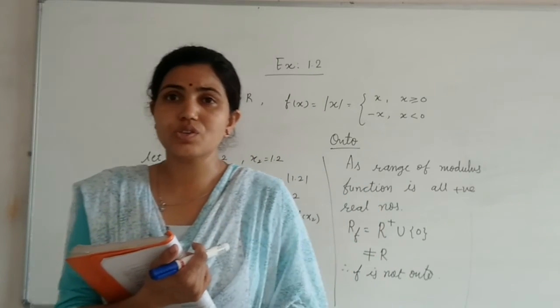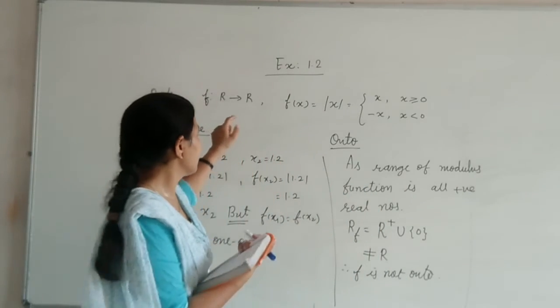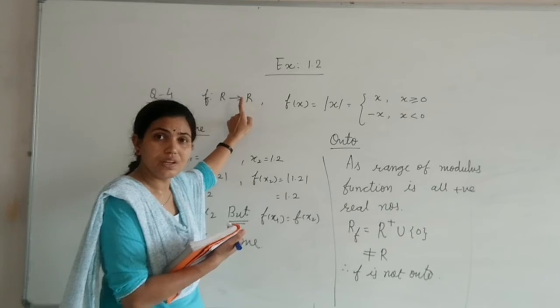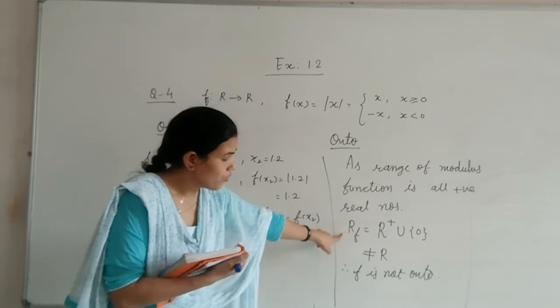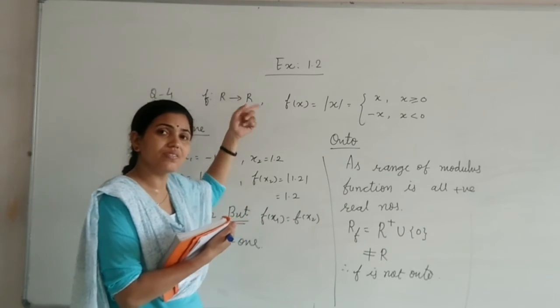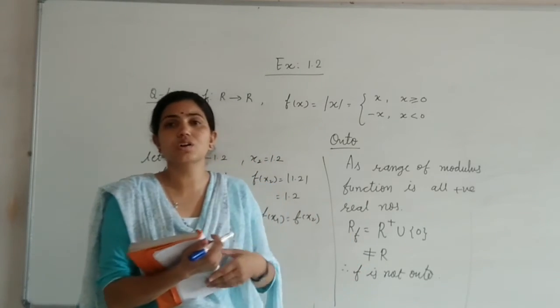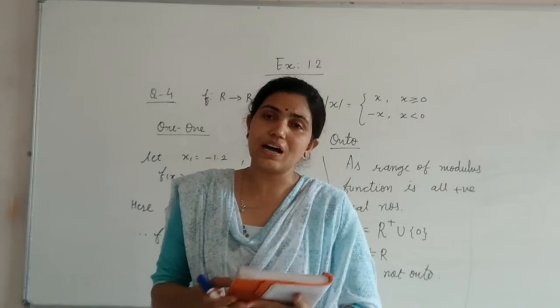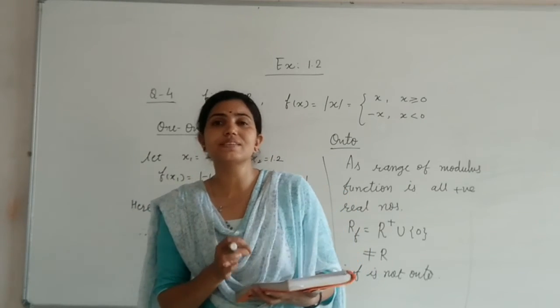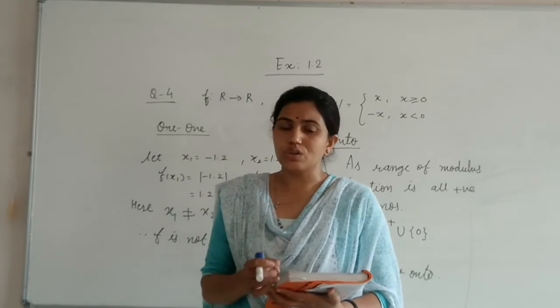If the range of the function is the same as the codomain, meaning if we get R in this particular case, if the range of f is R, then the function is onto. But you can see it is not R, that's why it is not onto. And therefore the answer is the modulus function is neither 1-1 nor onto.